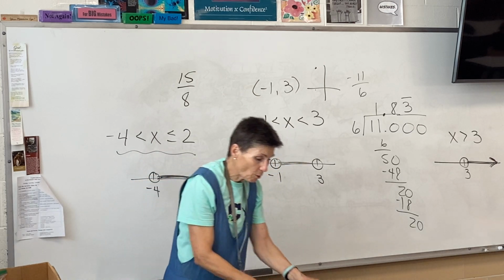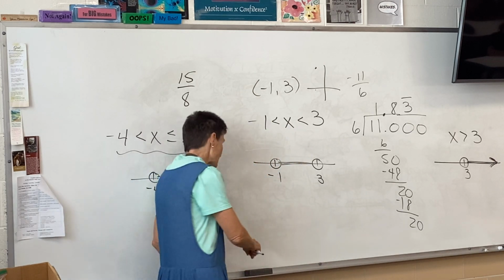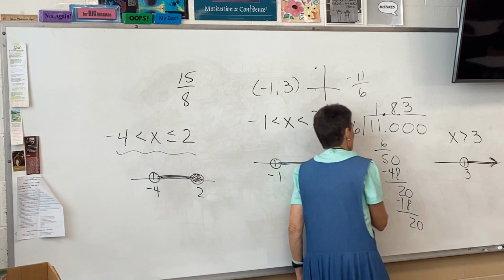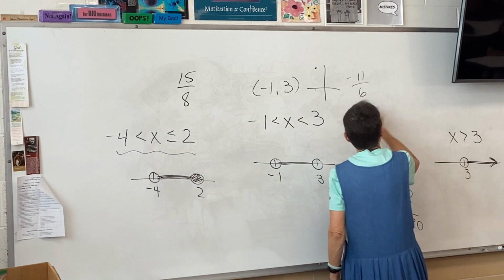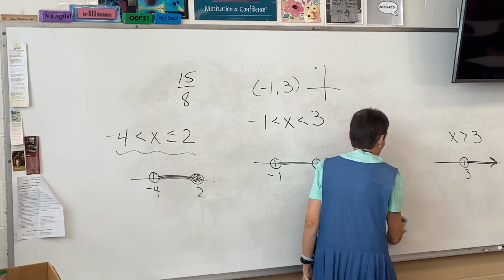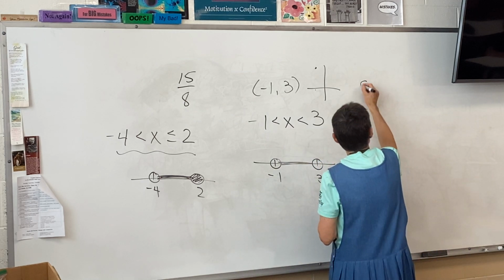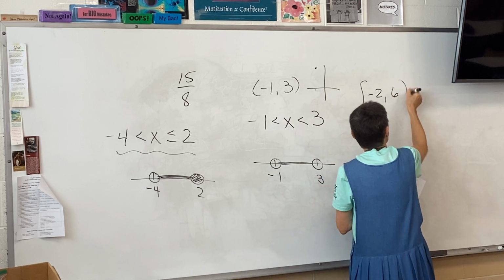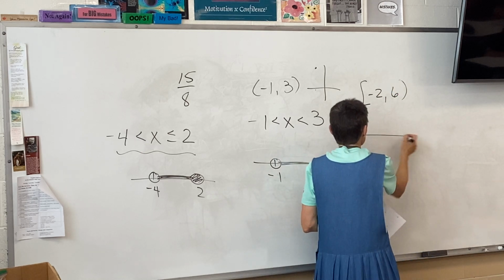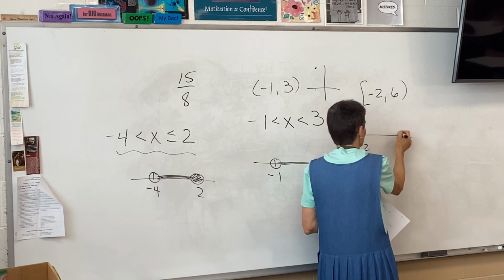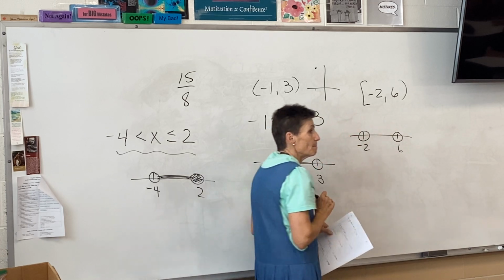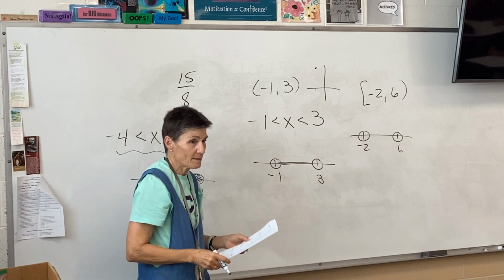Now, if I look at problem D, it's almost exactly the same thing, except for what? What's different about D? It has a bracket. It's still gonna involve two dots. One of them is gonna be closed.